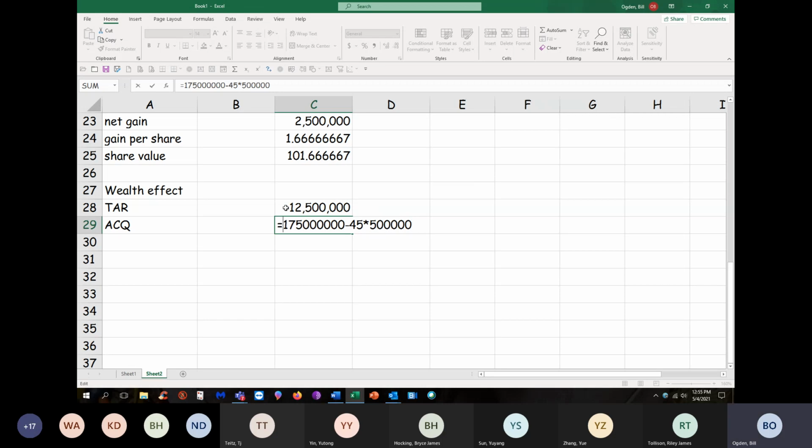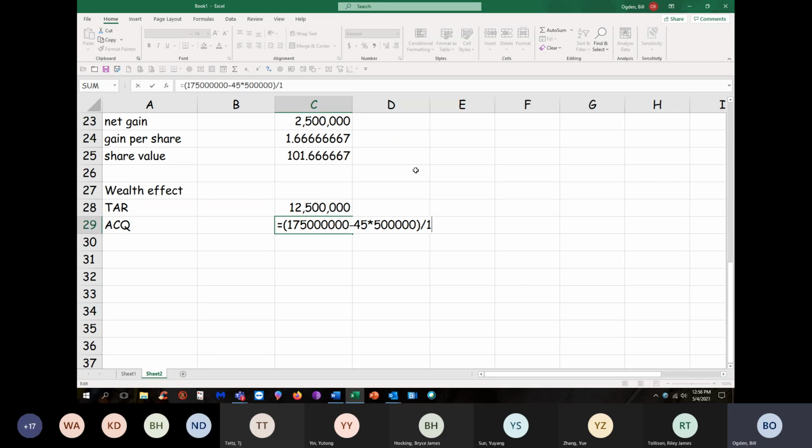All right, and this is now all shared amongst how many shares? So divided among, here's where you've got to be careful. You don't add those 500,000 shares of TAR to this, right? TAR no longer exists. Their shares don't exist. Nothing about them exists.